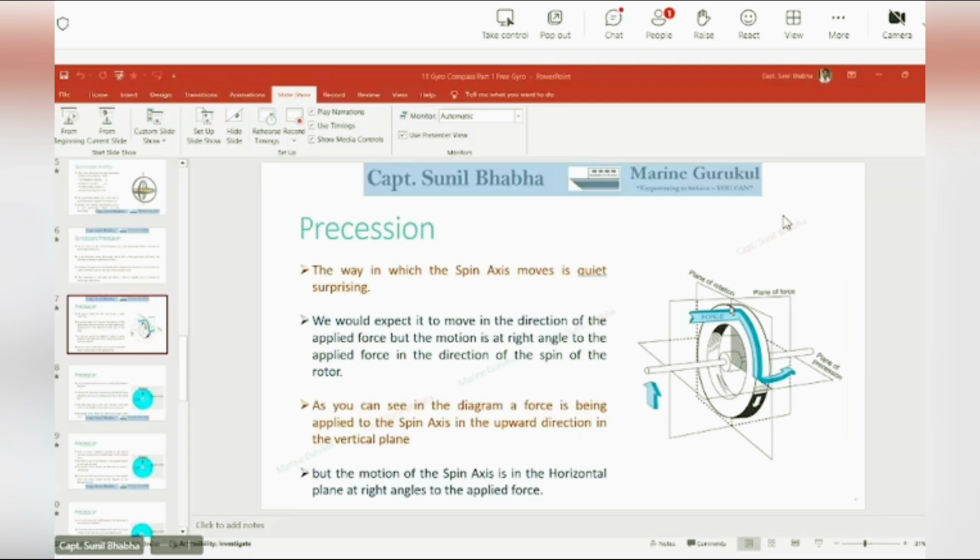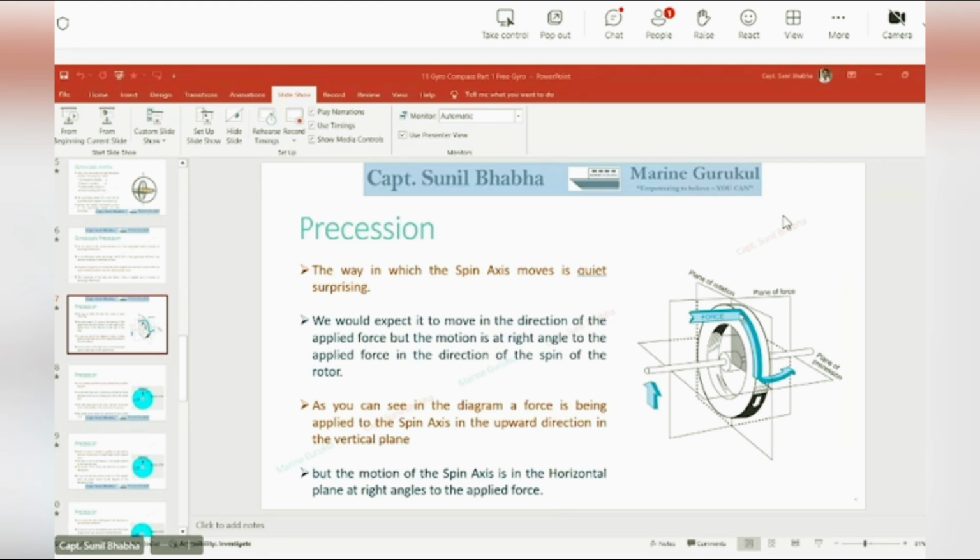Okay beta, in this diagram we have not shown any north, south, east, west, so you can't say in which direction it is drifting. See, if you look at the spin axis, it is trying to push the left end of the spin axis up. If you look at the rotor, it is trying to push the top end of the rotor to the right side of the screen. Correct. Right. Up to here is okay.